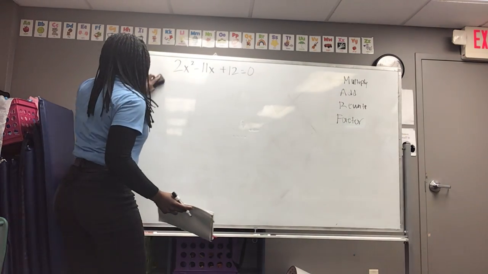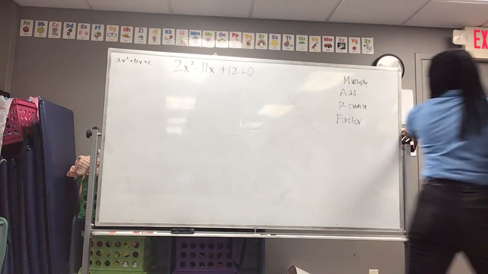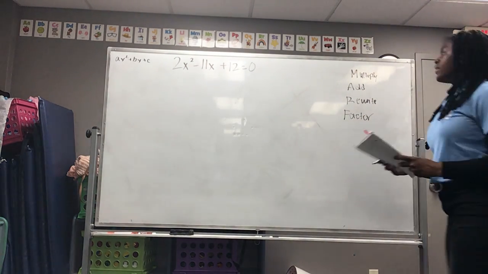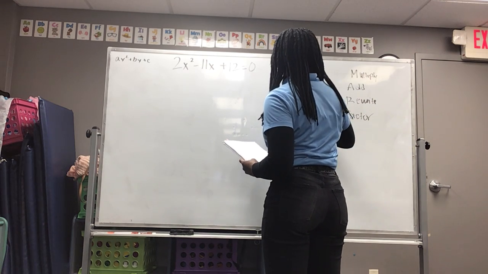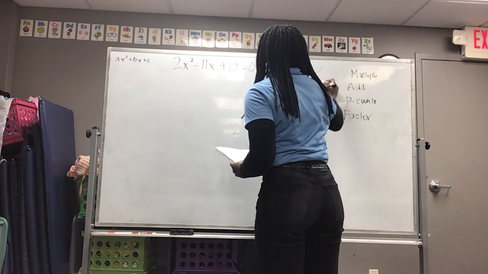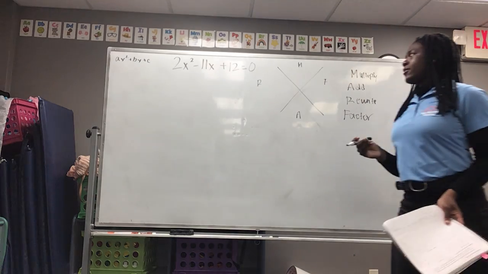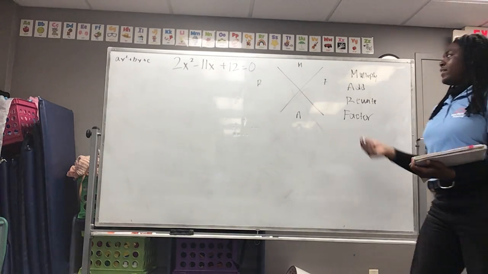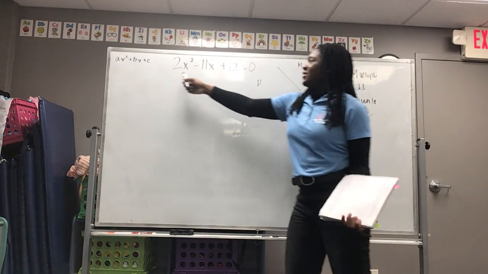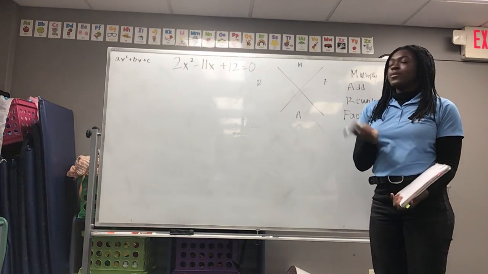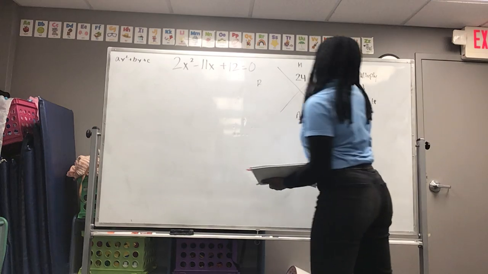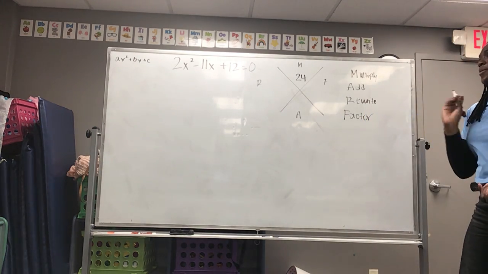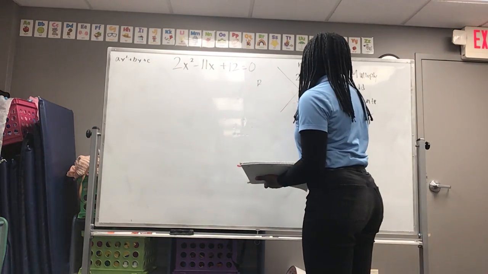So again, I'm going to set up my x, and then label it M, A, R, F. Okay, so we want two numbers that multiply to, remember it was C and A, so that's 12 times 2, which is 24. And then we want it to add to B, which is negative 11.